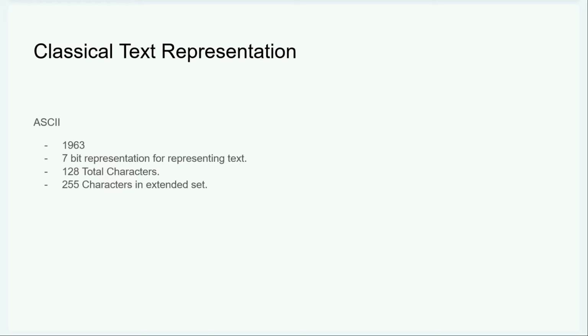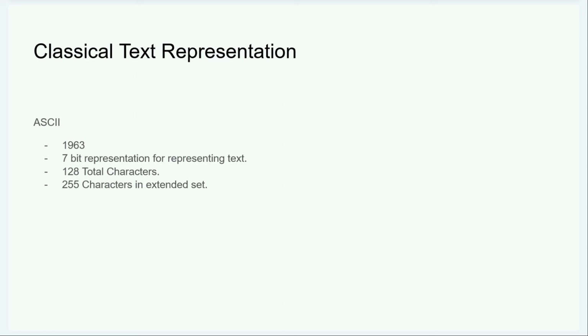So it's not like text is something new to computers. It is something that has always existed. In 1963, we had the ASCII standard. I hope everyone knows about this. It was a 7-bit representation for text. You have eight bits, and 7 of them are reserved for representing text.